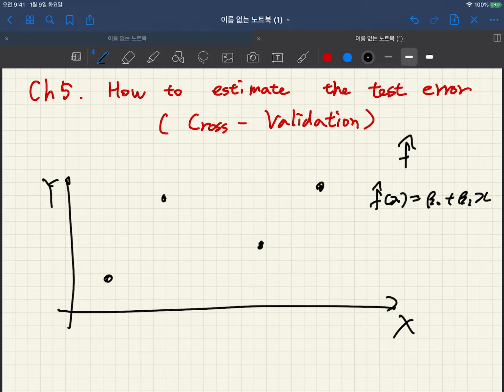So with this form, we then optimize some objective function defined with the 4 training data points called mean squared error, like this.